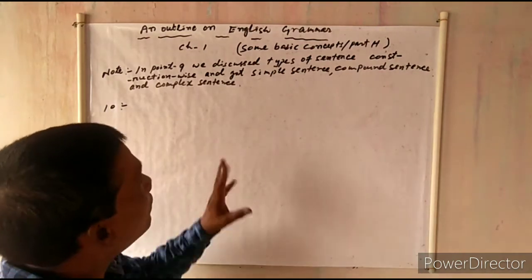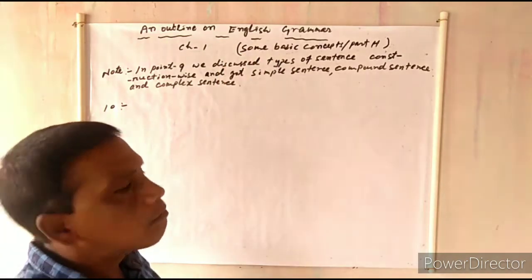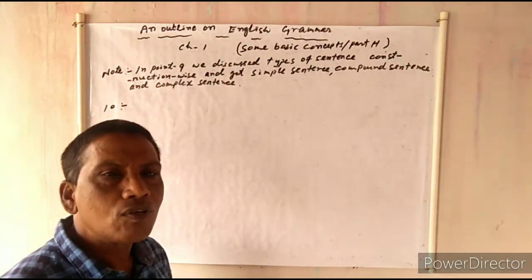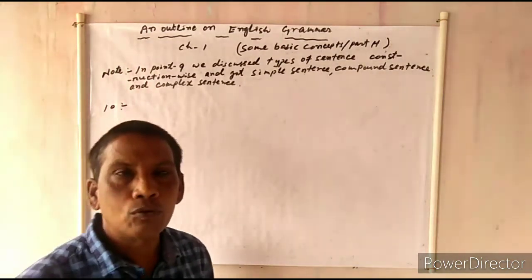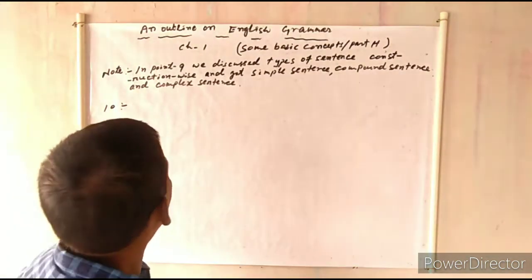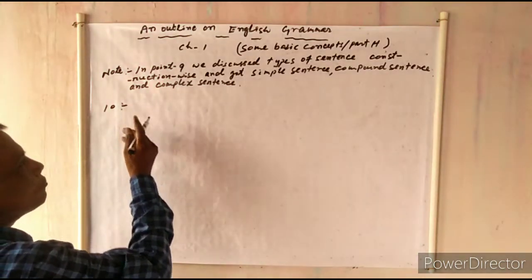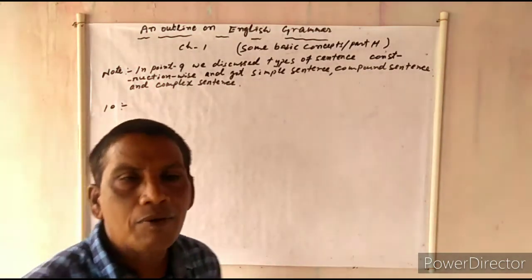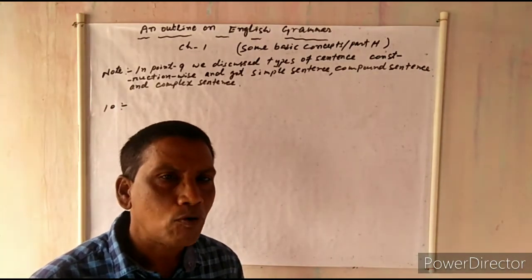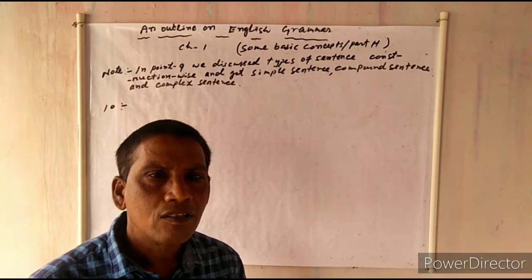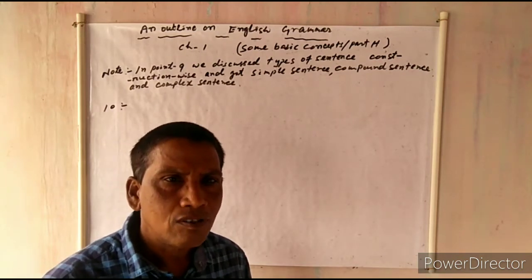And we are in our chapter number 1, that is some basic concepts, meaning what things we have to learn in the name of grammar. In point number 10, we're going to discuss a very important matter that bears much importance for learners from countries other than England.